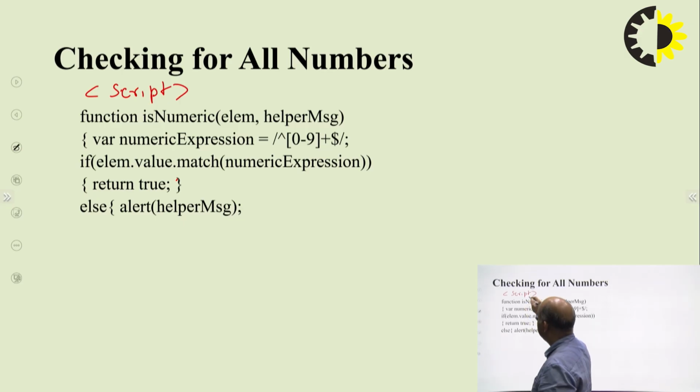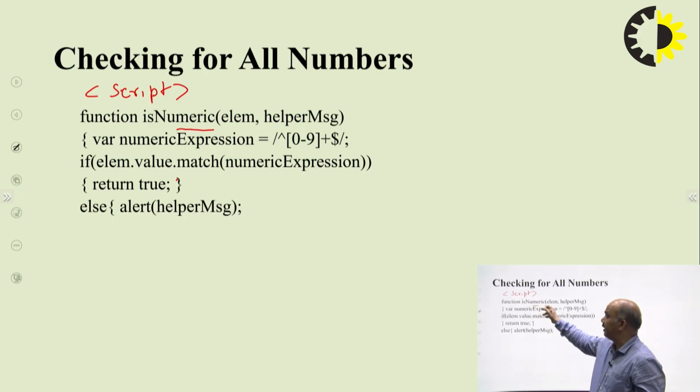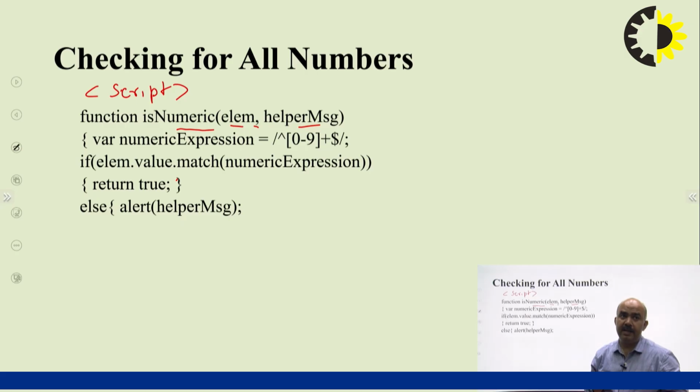In the script, you create one function where we are checking the numerical value, whether numeric input is available or not. We have two parameters. If the element pattern matches, then the value is true. Otherwise, the helper message, the system generated message, will be shown when the pattern is not matched.